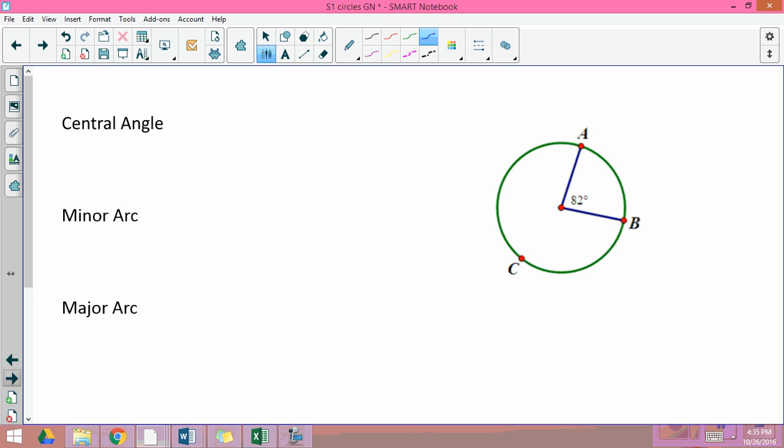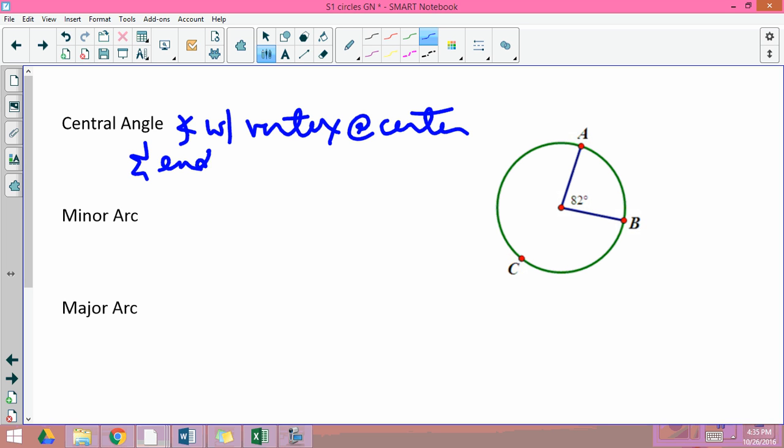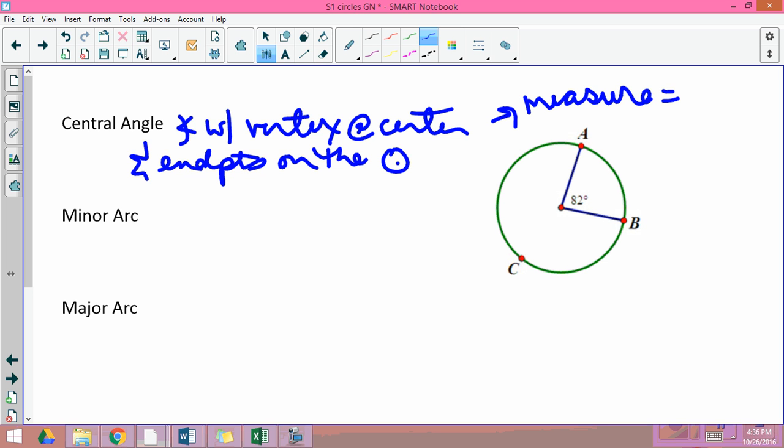Another idea we can talk about with circles are central angles. And this is an angle with the vertex at the center and endpoints on the circle. And the cool thing is we will talk about the measure of a central angle, and the measure is equal to the angle.